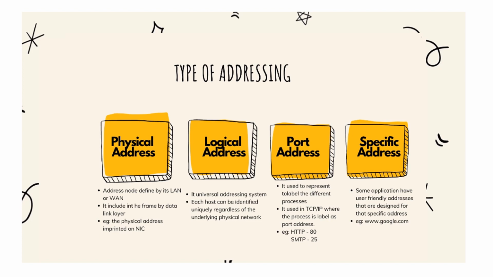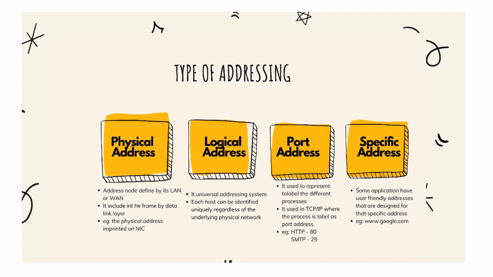Physical address is normally in the frame, which is in the data link layer. For example, the devices responsible for the physical address are your NIC, your wireless network card, and your bridge.